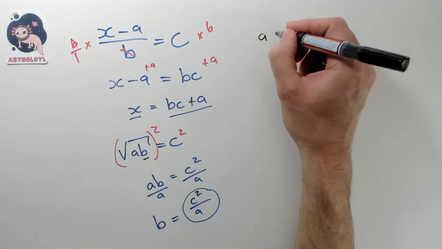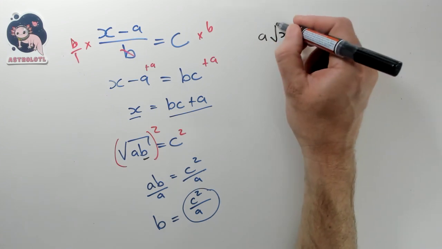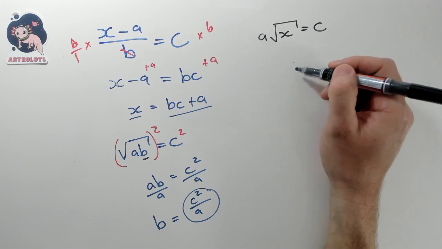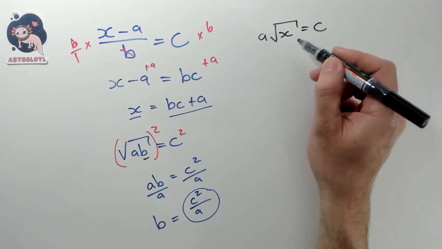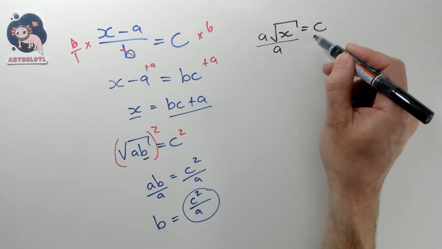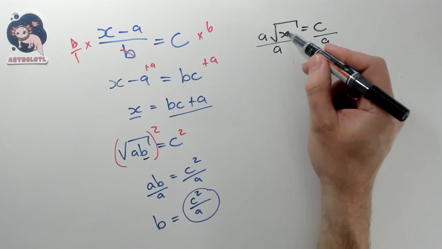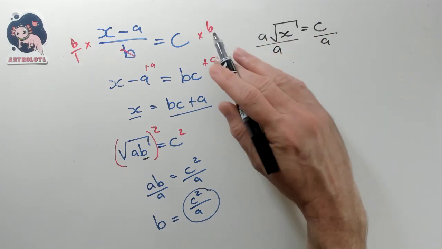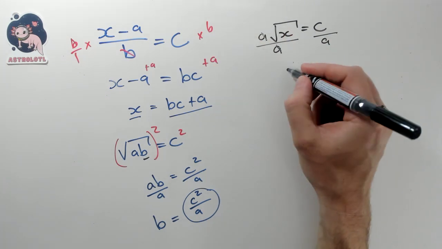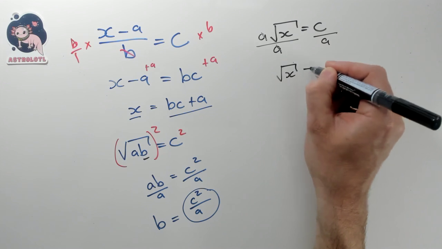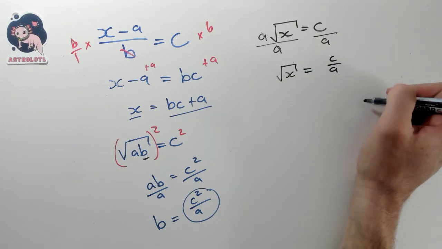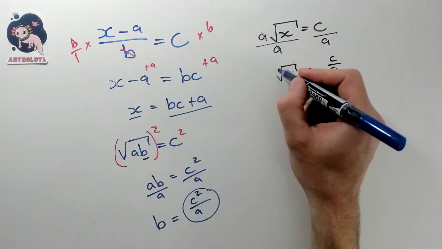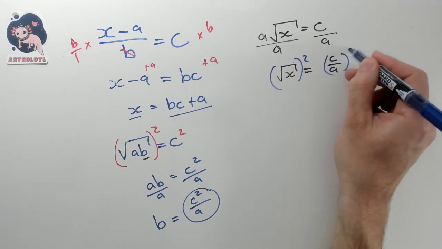Let's do A times the square root of X is C. And in this case, I want X to be my subject. So in this case, I can divide both sides by A, because it's the square root of X times A. So I just go the opposite route, and I divide by A, and I'd be left with the square root of X is C over A. And now, because this is the square root, I can square the whole thing.